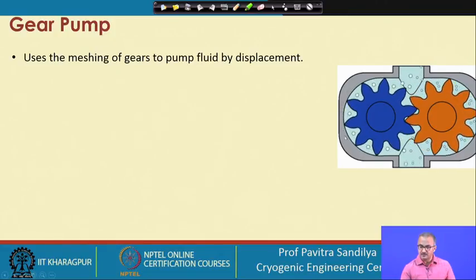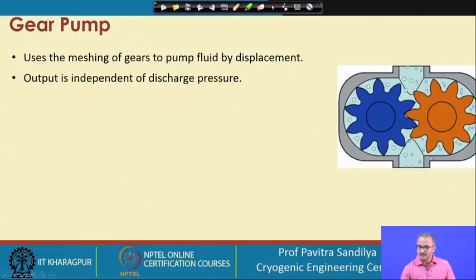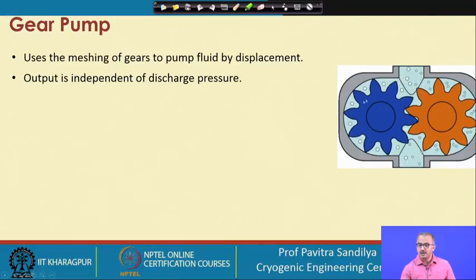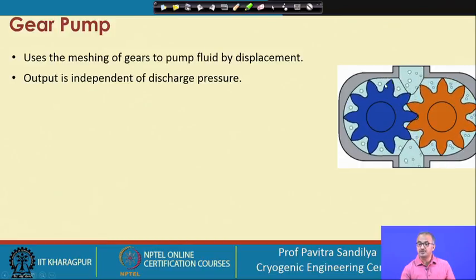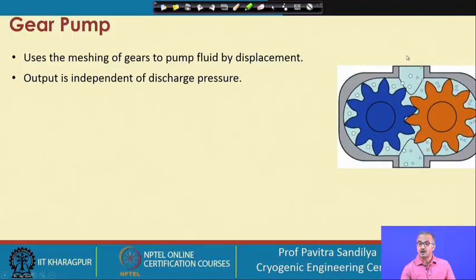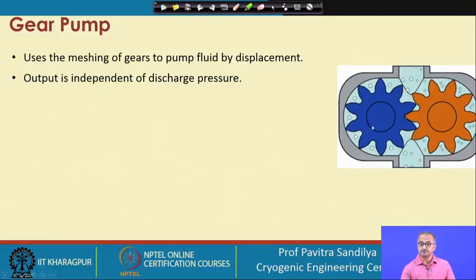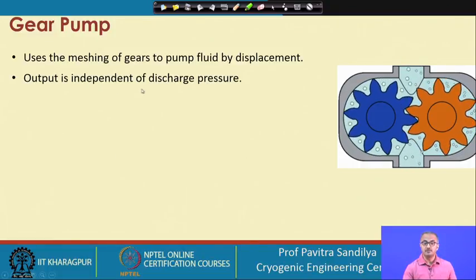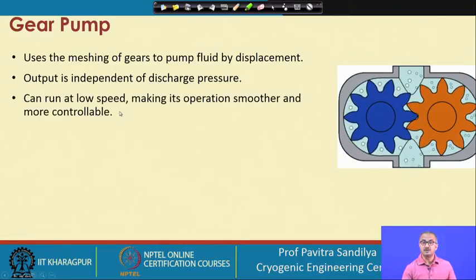There is a casing in which the gears are placed, and the liquid goes either from this side or this side, and then it gets compressed as it goes through, and this compression increases the pressure in the liquid, and then it passes out from the delivery line. So this is the way this gear pump is able to pump out the liquid, and the output of the gear pump is independent of the discharge pressure, and it can work at a low speed.